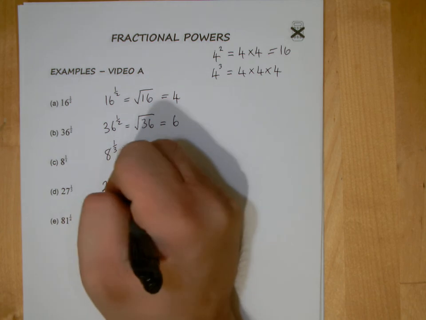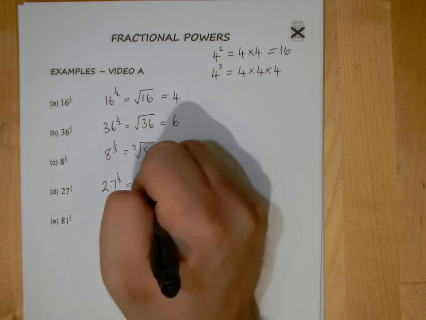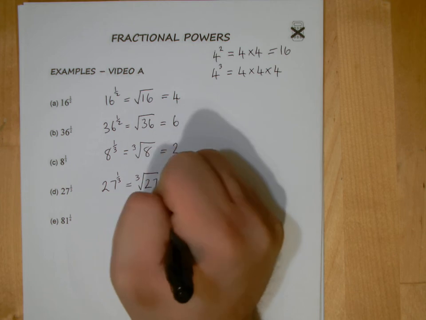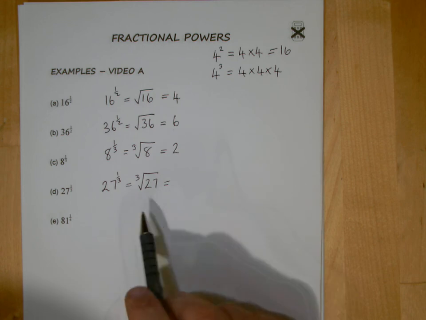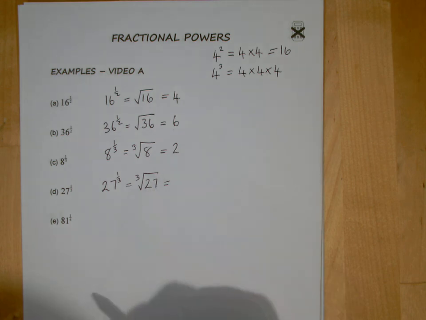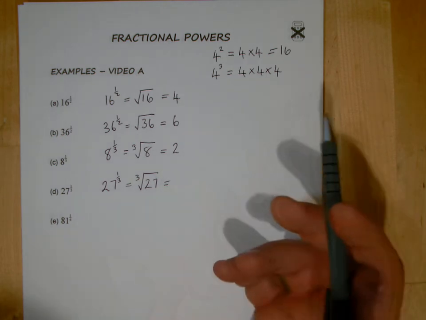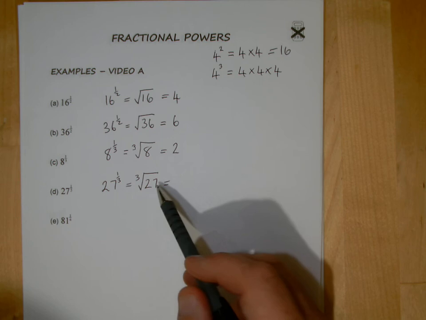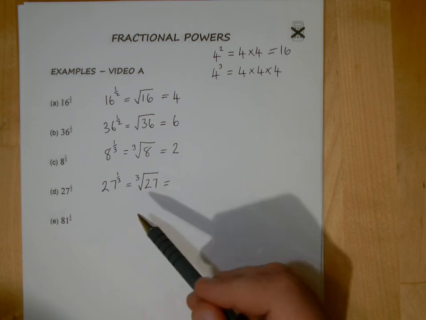27 then to the power third. Again, cube root. So we need to think, what am I timesing by itself and by itself again to get 27? You could try 4 if you wanted to. 4 times 4 is 16, times 4 is 64.